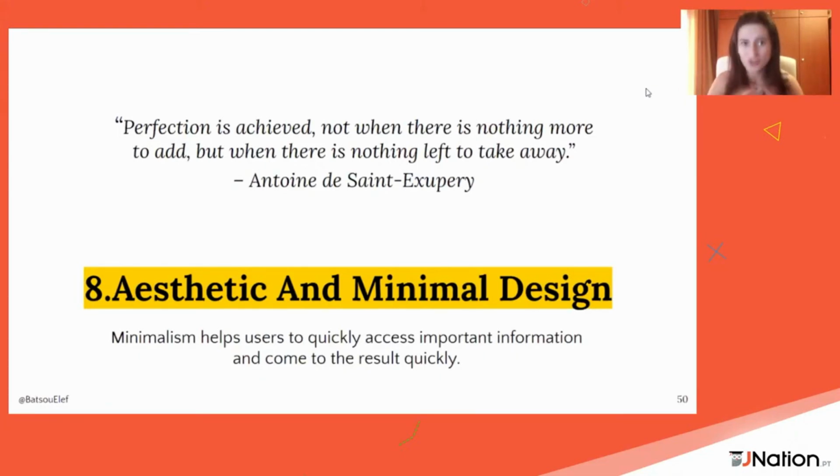When you first open Google, the only thing that you have is a search box, and that's it, nothing else. This is the best example of aesthetic and minimal design. You don't need many things, you just want the most basic things that your user needs. And after that, if you do provide the basic ones, then you can continue to a second page and give them more information.